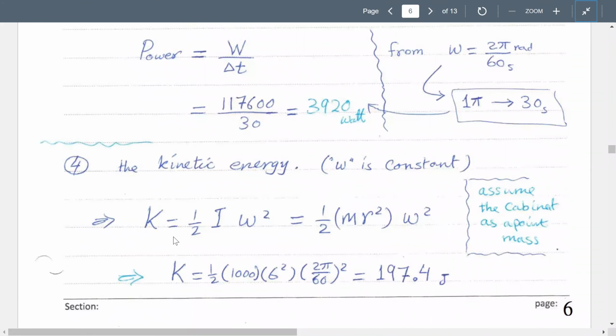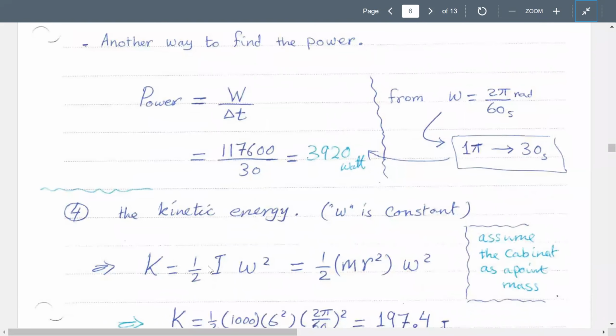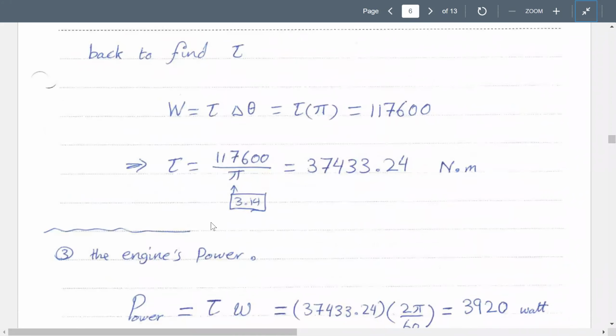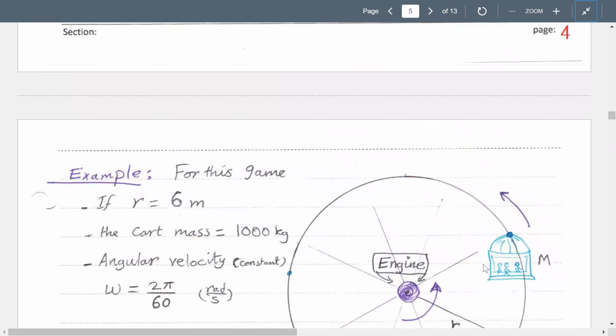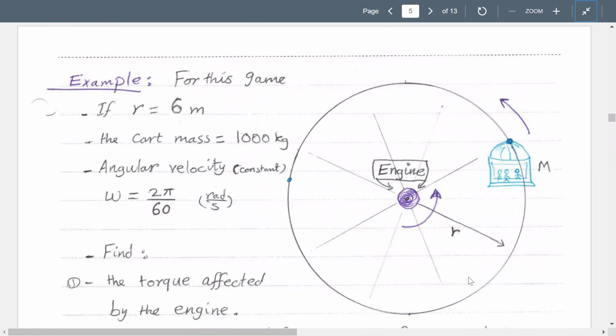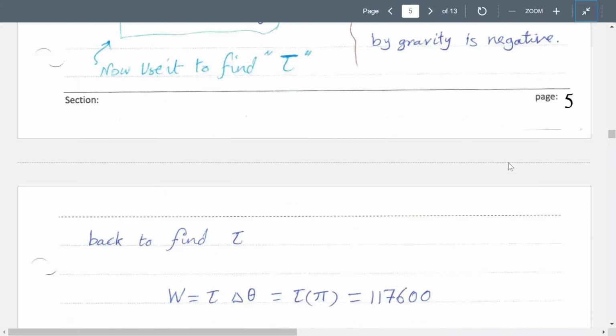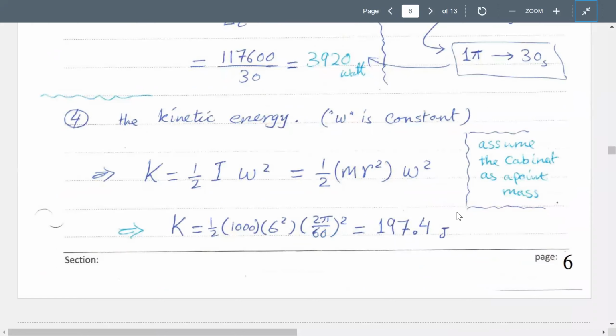What is the kinetic energy? We can find the kinetic energy in 2 ways. By putting the value of the kinetic energy, which is 1/2 I omega squared. This is the kinetic energy for the mass, not for all the system. It is not for the disk, for the wheel. It is just for the mass, and we can assume it as a point mass in this case.